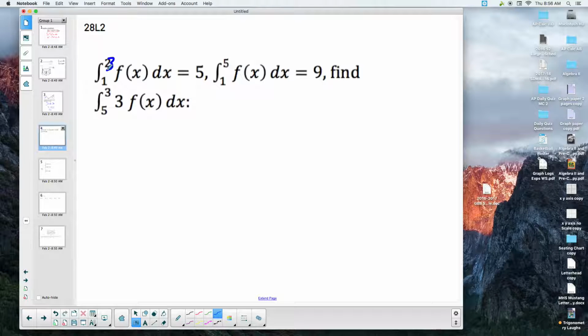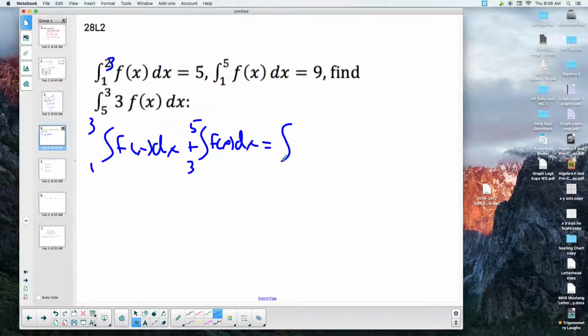All right, so first off, we got from 1 to 3 of f of x dx, we're looking for 3 to 5. And we know from 1 to 5. From 1 to 3 is 5. From 3 to 5, we don't know.